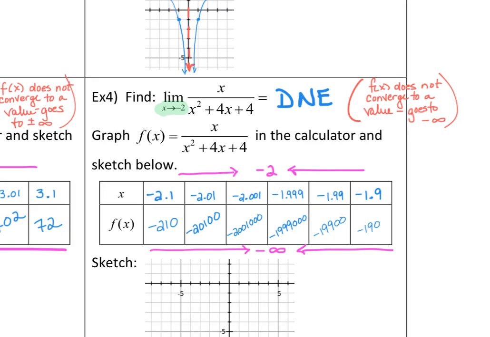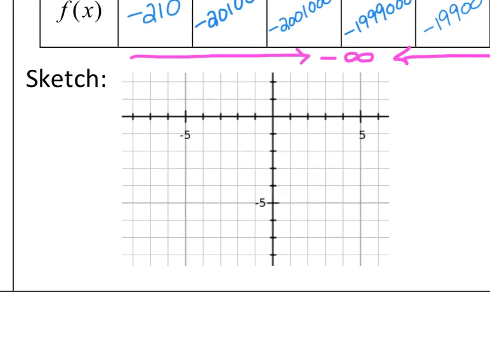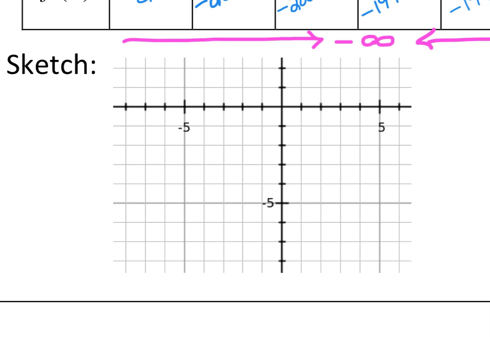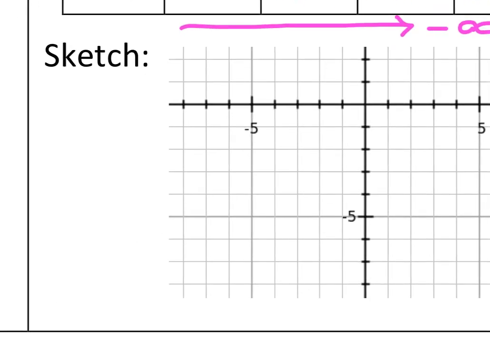And again, because we said that x is going to a number and the limit ends up going to infinity, we've got a vertical asymptote. And so we're going to draw a vertical asymptote at that number. x is -2.